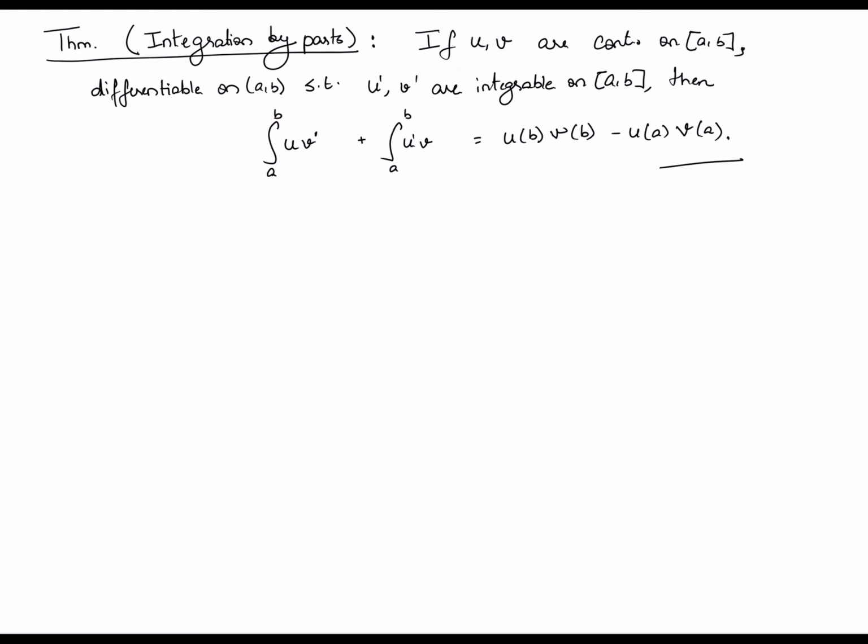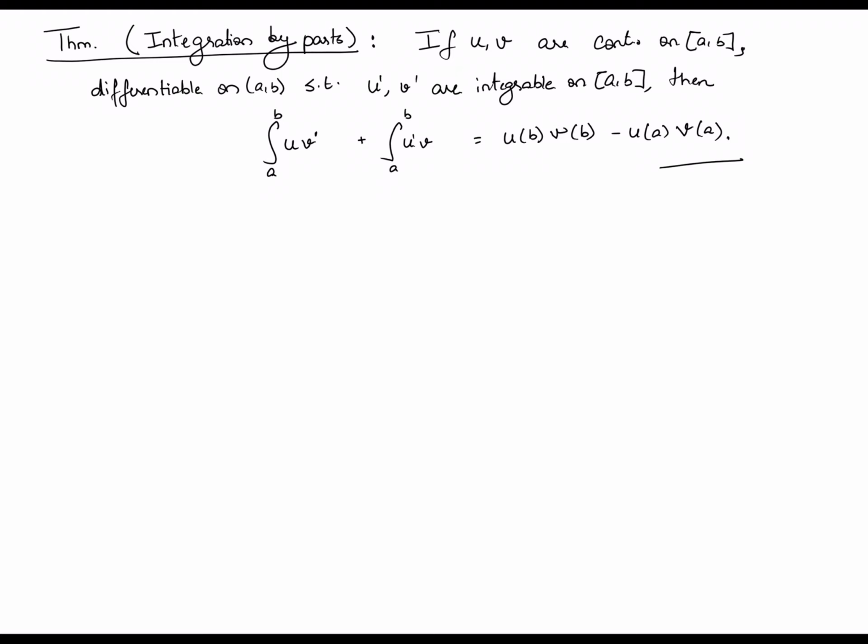Okay, so u and v are continuous on the closed interval [a, b], differentiable on the open interval, such that the derivatives u prime and v prime are in fact integrable over the closed interval [a, b]. Interpretation of this again being what we said before, namely that some extension of u prime and v prime are in fact integrable on the closed interval [a, b].